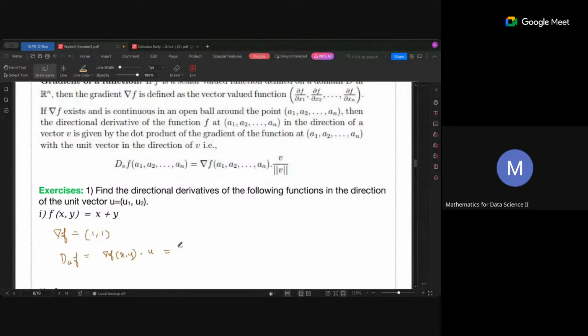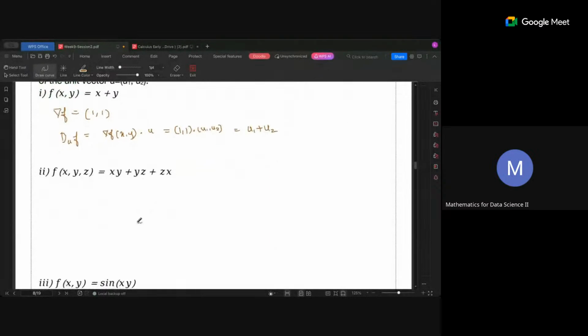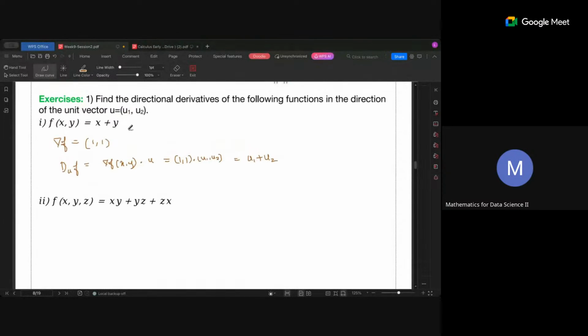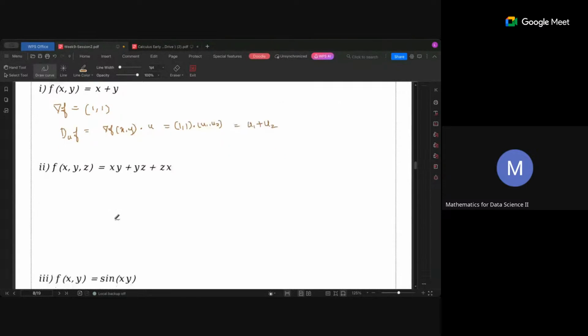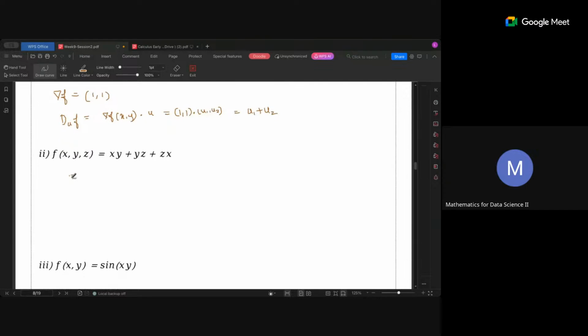So what is the answer? 1 comma 1 dot u1 comma u2. What is the answer? u1 plus u2. If they are unit vectors, we don't have to do anything with the norm, right? Here since it is already a unit vector, we are not dividing it by its norm. If it is not a unit vector, then we have to divide. So what is del f now?